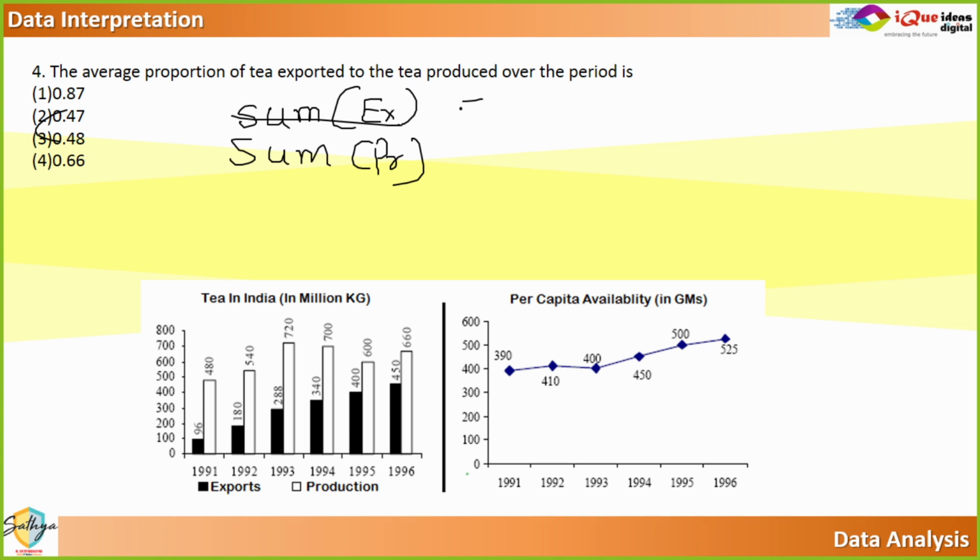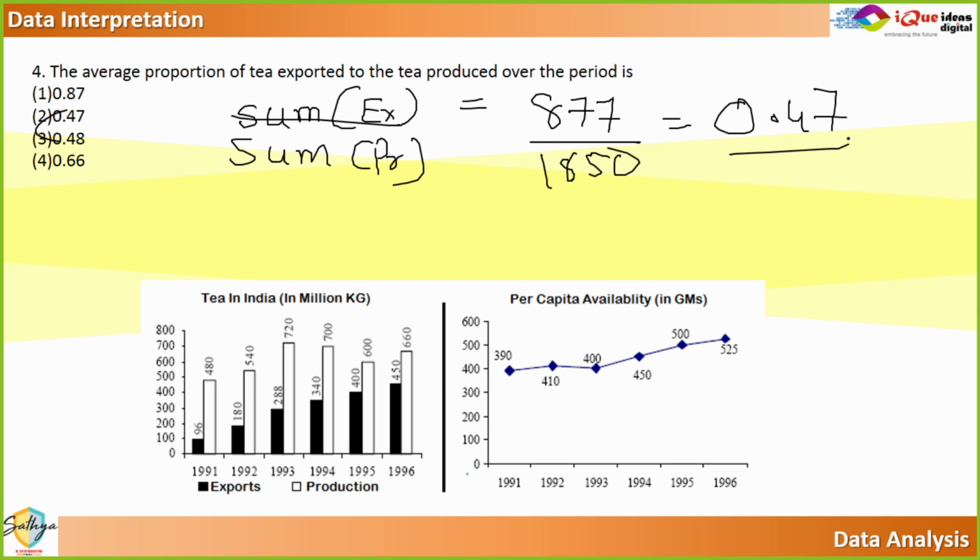You take the sum of all the exports. I think that comes to 877, and the sum of all the production comes to 1850. And if you calculate this, roughly it is somewhat close to 0.47. That's it. You just have to take the ratio of all exports upon all production. 0.47 के आसपास आएगा आंसर.